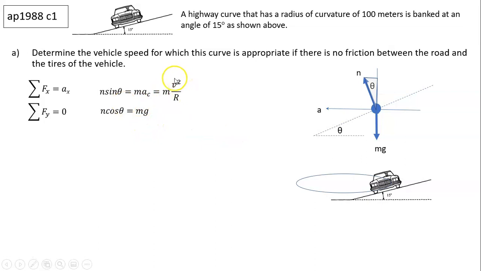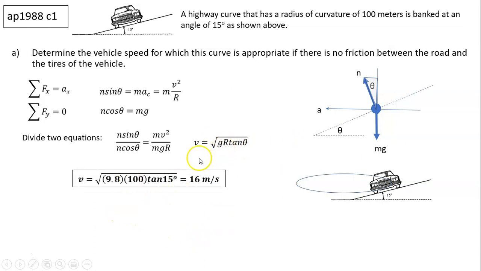To solve for v, we can divide the two equations. N sine theta divided by N cosine theta equals mv squared over r divided by mg. Simplifying, N and N cancel, m and m cancel. We have v equals the square root of g r tangent theta.